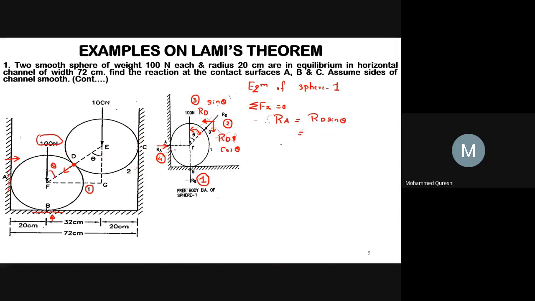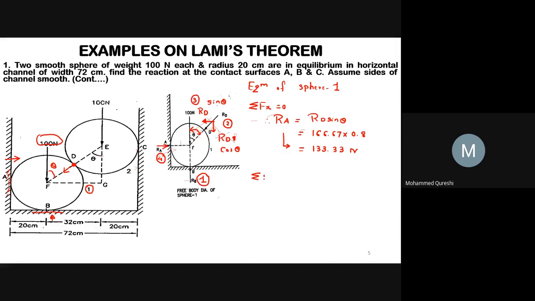So RA equals 166.67 into sin theta, which we had calculated earlier as 0.8. So your RA will be 133.33 Newton. So we get the reaction at the contact surface A as 133.33 Newton.